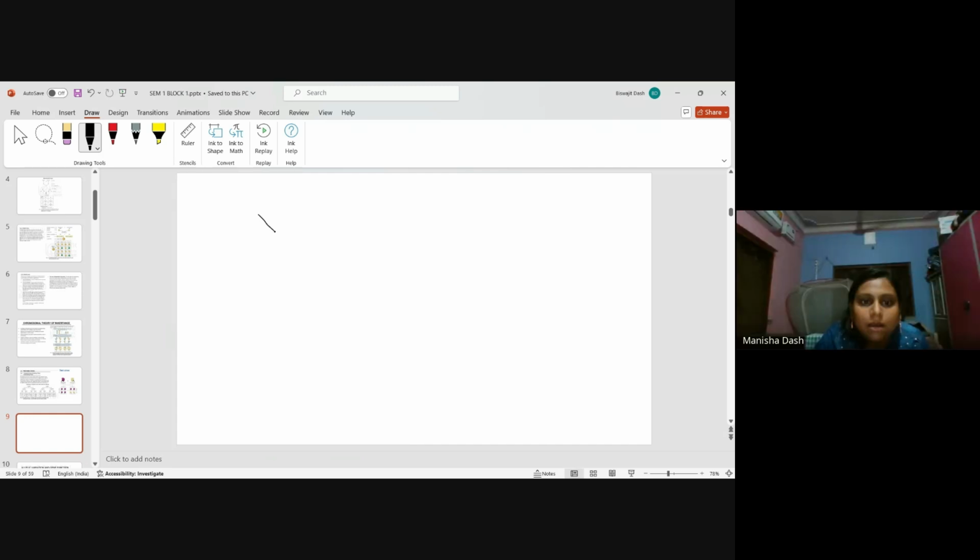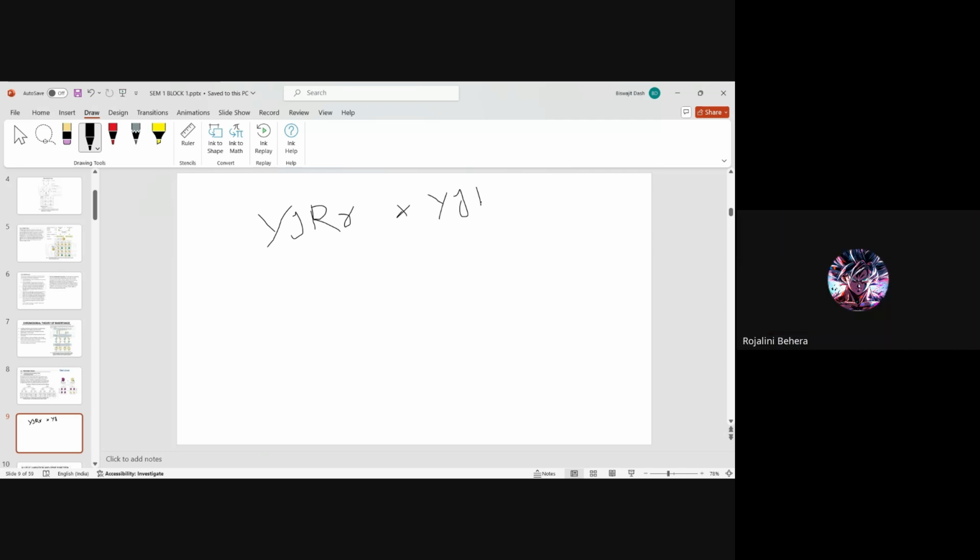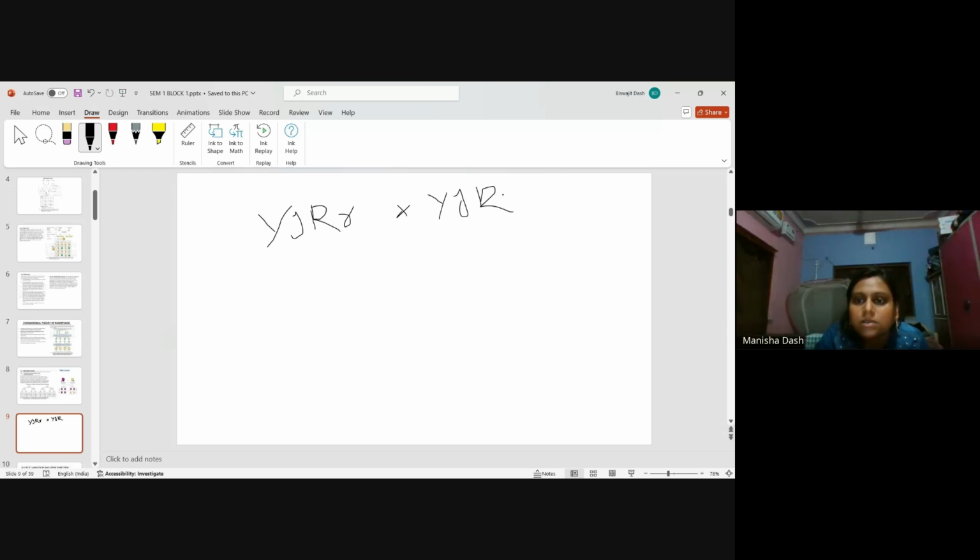So if I write like this, capital Y, small y, capital R, small r, and I am self-crossing it with another genotype, capital Y, small y, capital R, small r. Just tell me, if I consider this only, isn't it the same as the monohybrid cross?